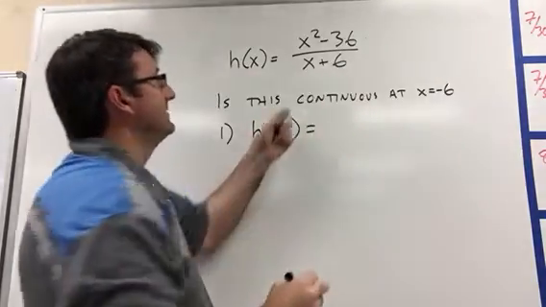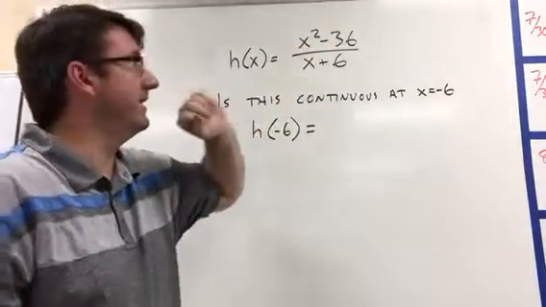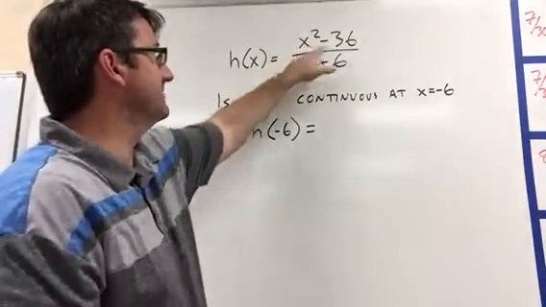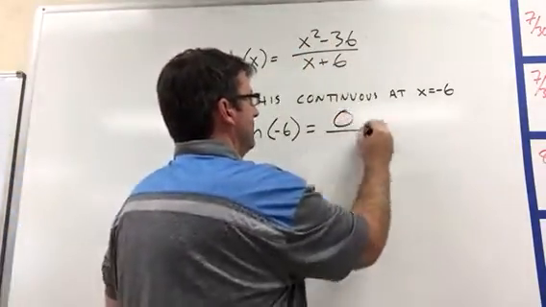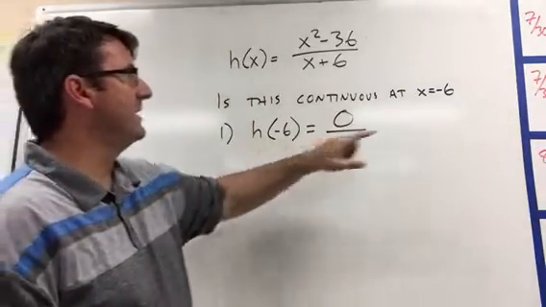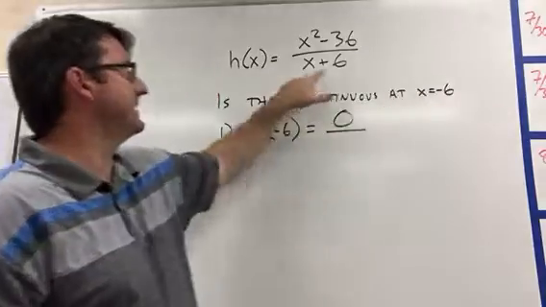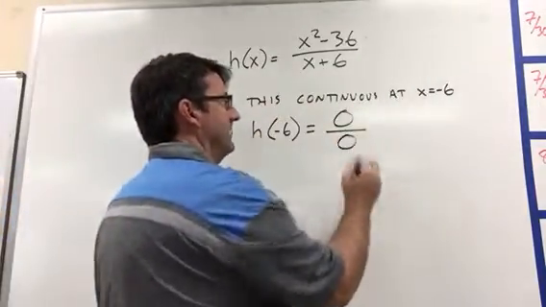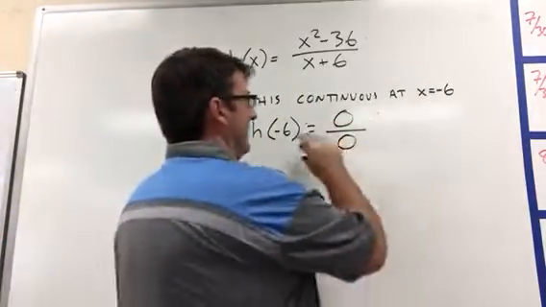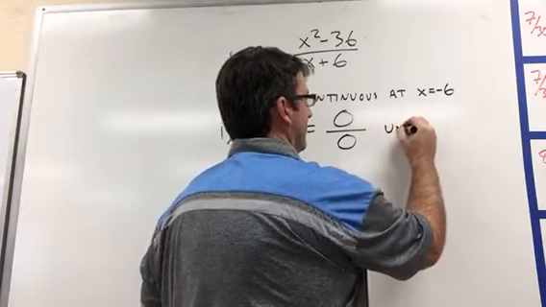If we plug in, negative 6 squared is 36, minus 36 is 0. So we still have 0 on the top. In the denominator, though, we get negative 6 plus 6, which is 0. So this is undefined.